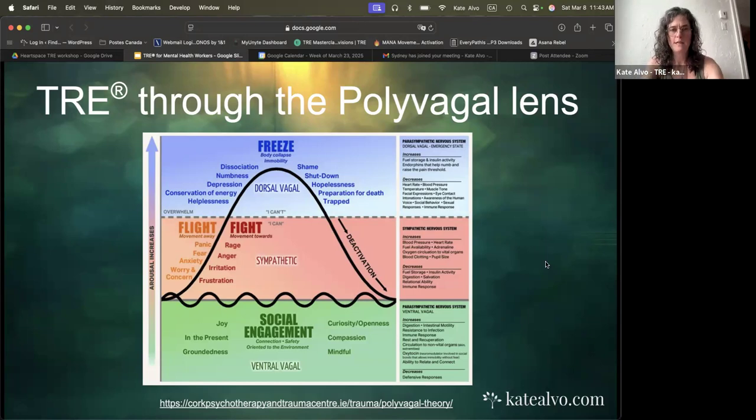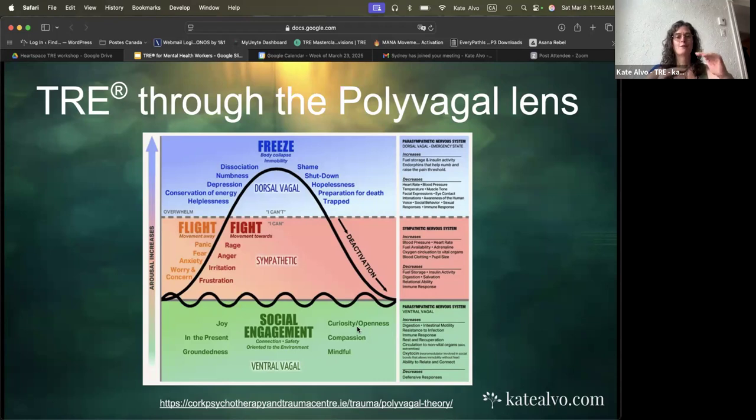I'm not sure how you explain polyvagal theory or how you present it. We use the polyvagal curve. I know that some people use the ladder model and other people use the window of tolerance model. In TRE, we're shown this polyvagal curve, and I like this because it shows the social engagement part at the bottom, and then these two protective states.